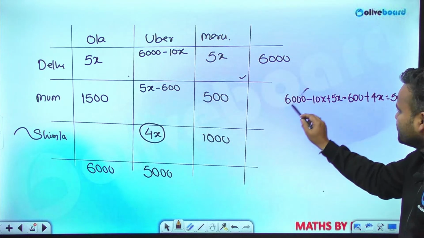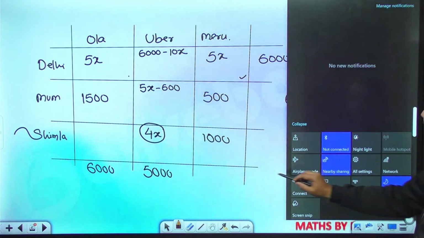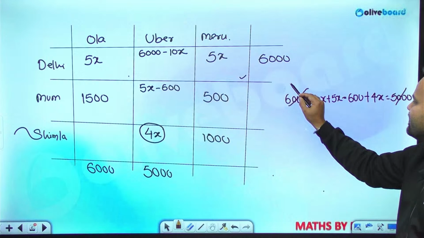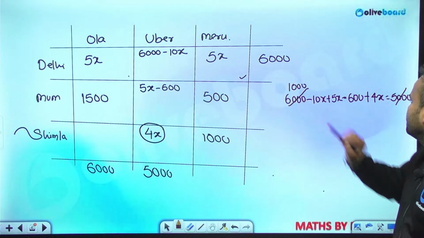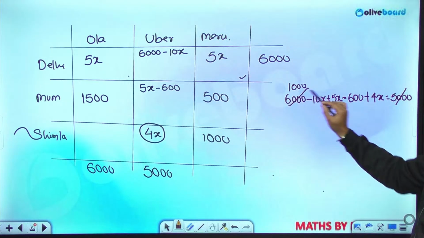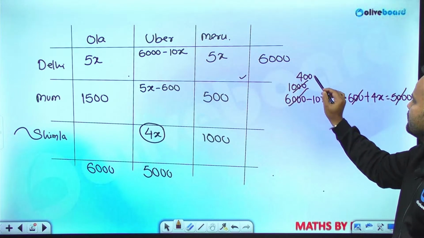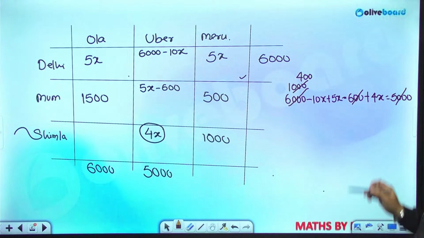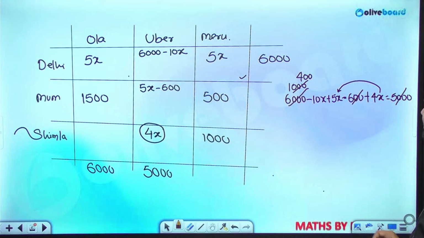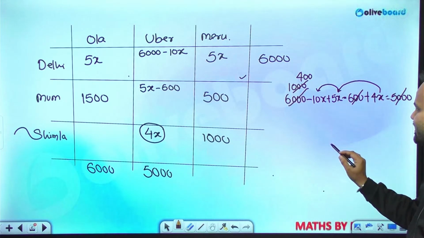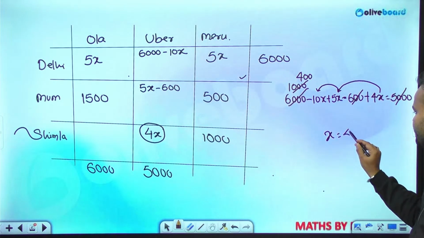So this 6000 and 5000 will get eliminated and you will be having 1000 over here. And 1000 and 600 will be eliminated and you will be having 400 over here. Clear? 5x and 4x is 9x. 9x minus 10x is minus x. That means x will be equal to 400.